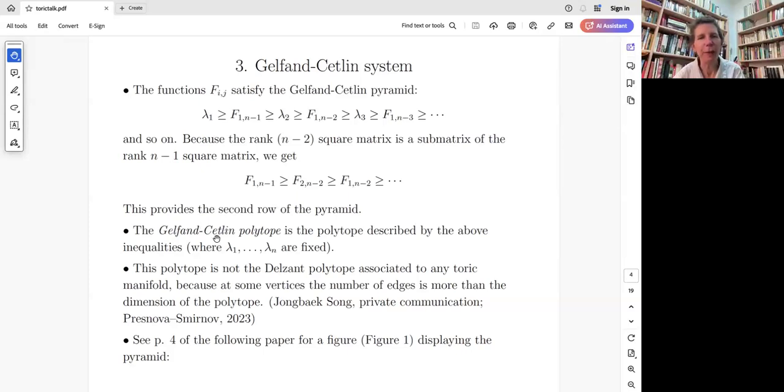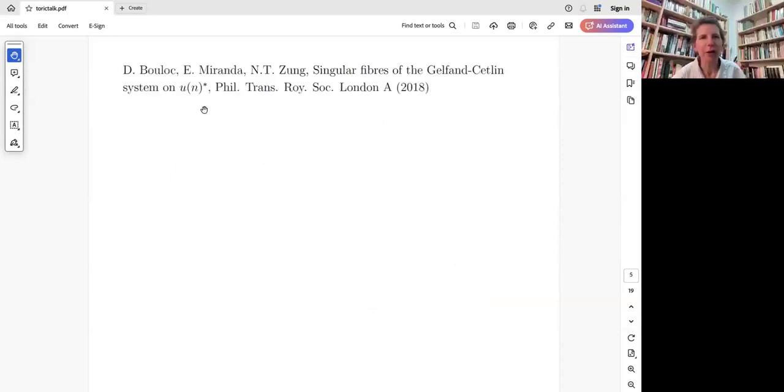The Gelfand-Cetlin pyramid you will find displayed nicely in a paper by Bullock, Eva Miranda, and Yuan-Tian Zhong. They write out the Gelfand-Cetlin pyramid.